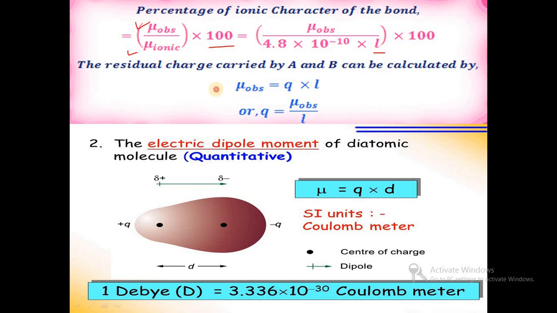The observed dipole moment is equal to q into L, or q is equal to mu observed divided by L. The electric dipole moment of a diatomic molecule is a quantity having the formula q into D or L. The SI unit is coulomb meter, and 1 D is equal to 3.336 into 10 to the minus 30 coulomb meter.